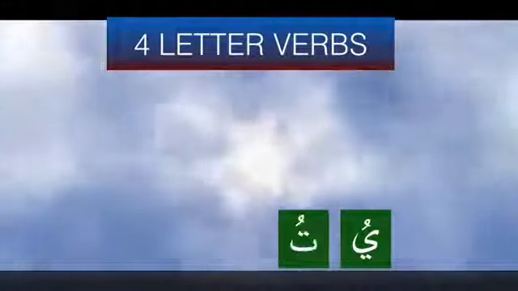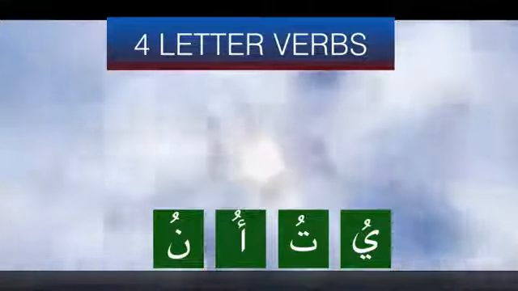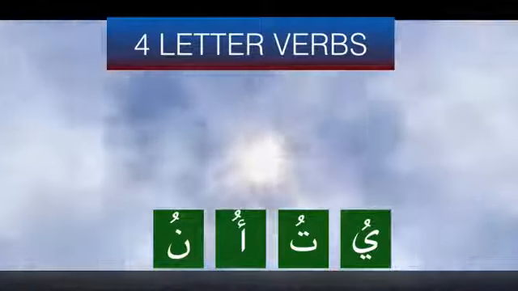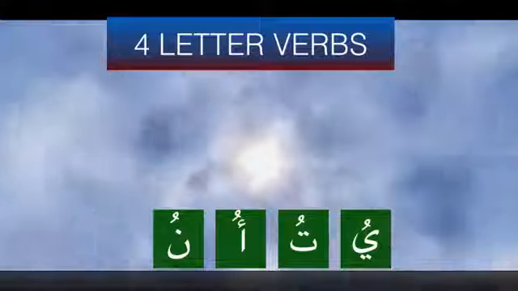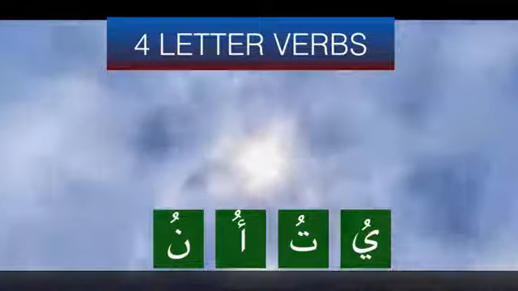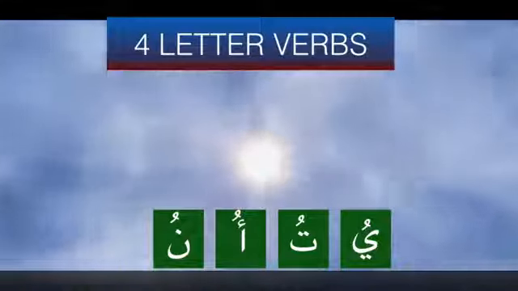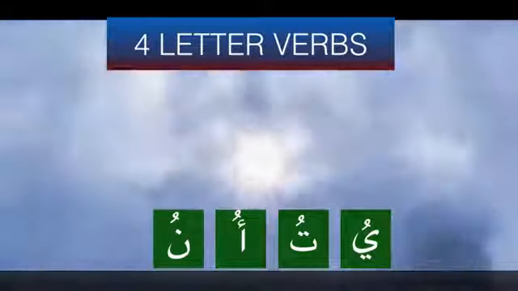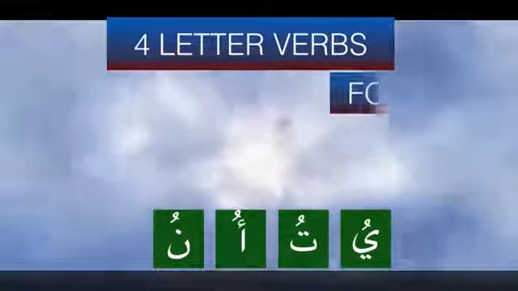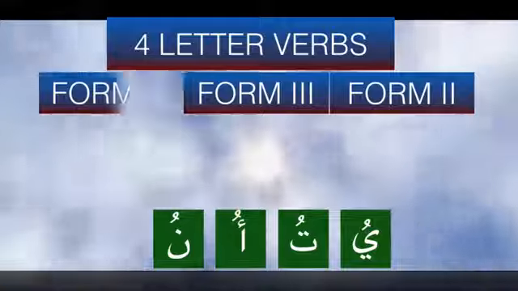So it will be yu, tu, u, and nu. Among the 10 forms of verbs which we mentioned, there are 3 forms which have 4 letters, which are constructed using 4 letters. And those forms are form 2, form 3, and form 4.